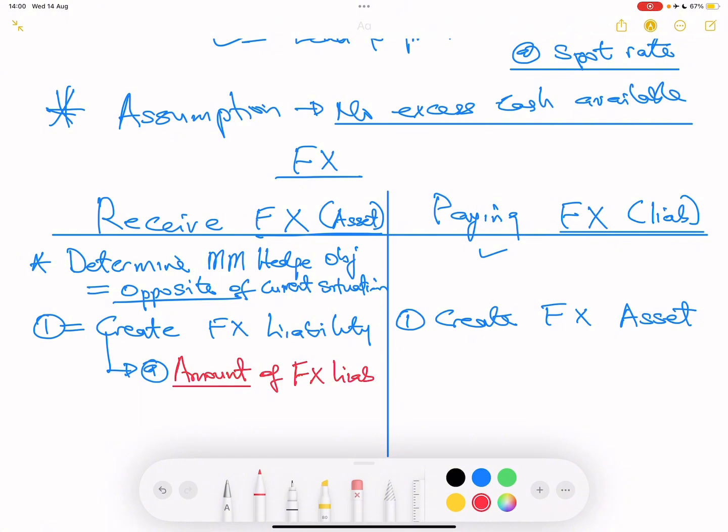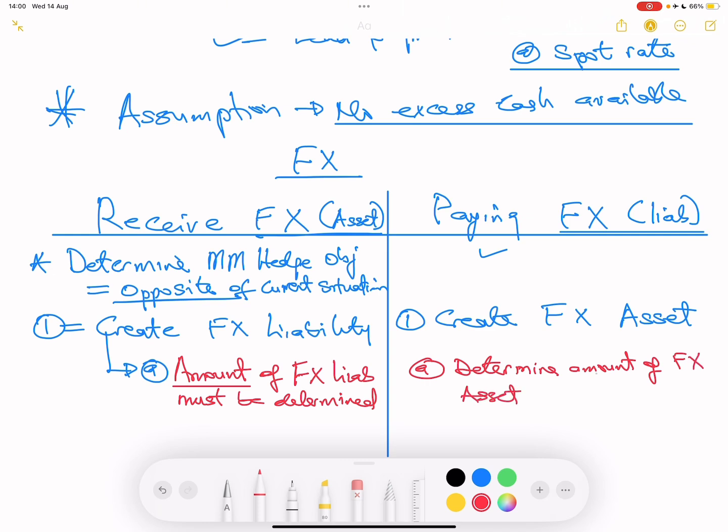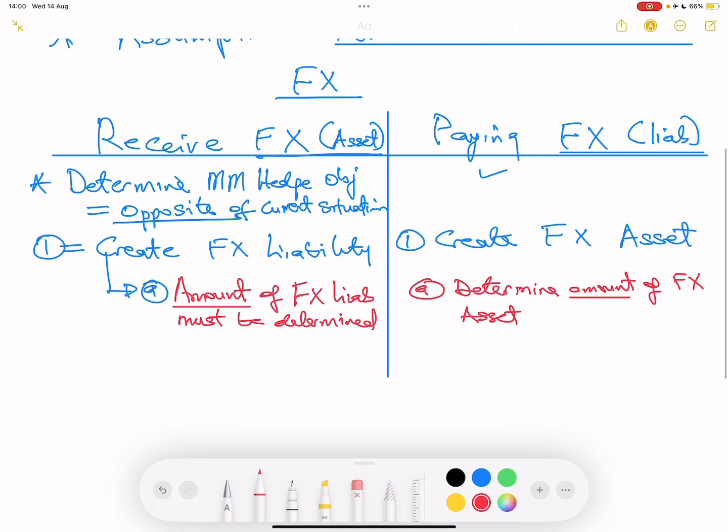So you need to determine the amount. The amount of FX liability must be determined. And likewise you need to determine the amount of FX assets. So it's about the amount first, once you know your objective.